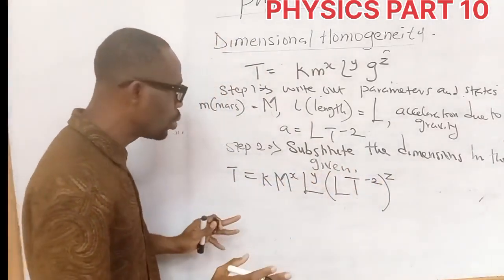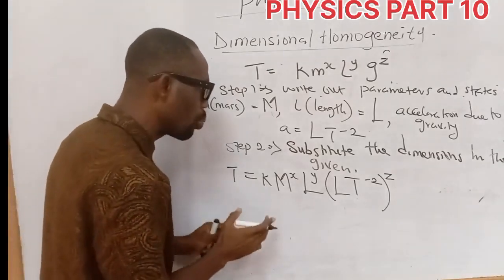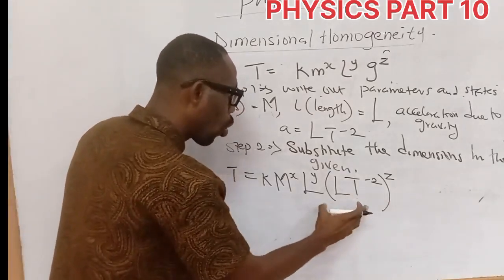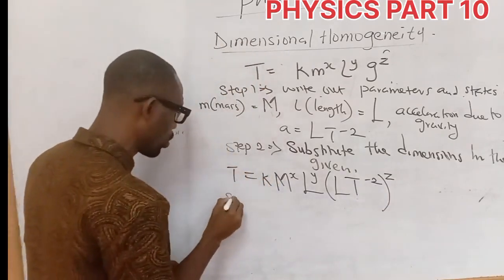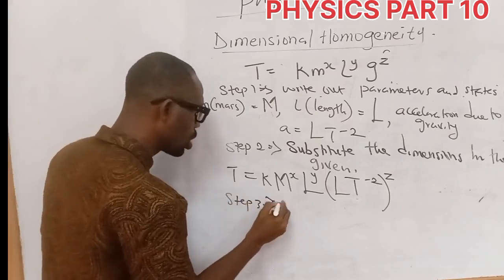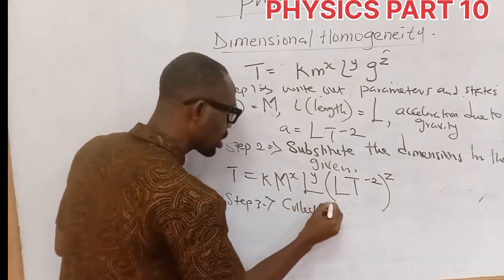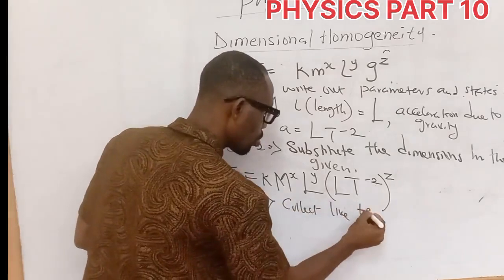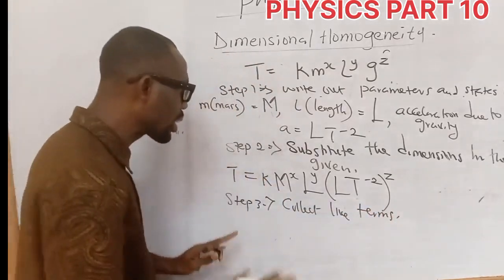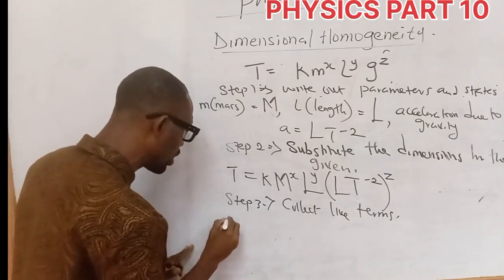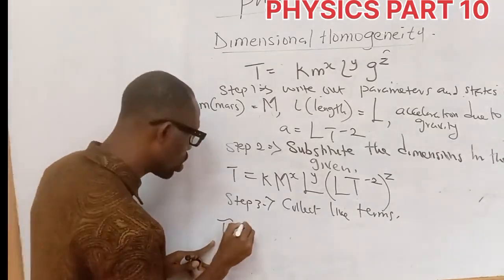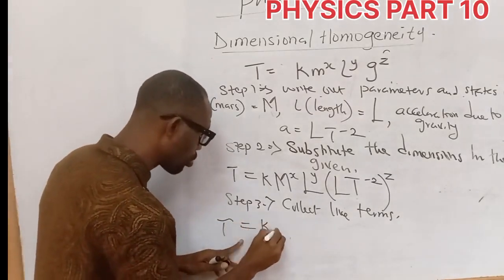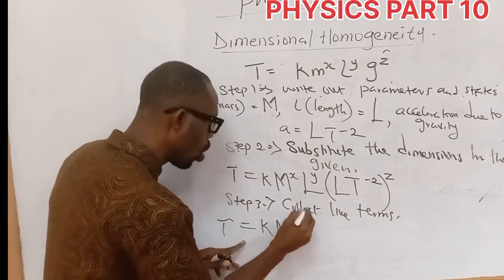So what do we do next now? The next thing we begin to do is, first of all, collect terms or make sure the terms are single. Step 3. Collect like terms. So if we are collecting like terms now, what does that mean? It means we now say T is equals to K, M raised to the power X. What is common here?